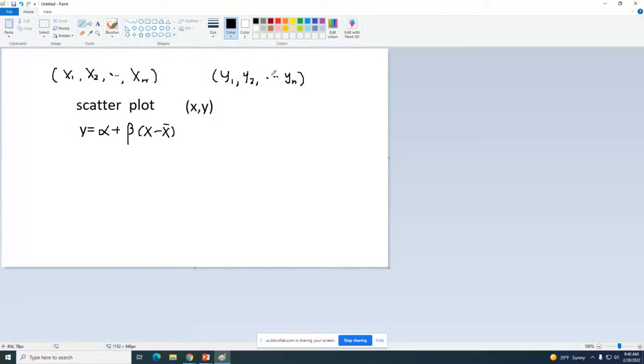X and y, there are supposed to be possibly all these data. And of course, this data doesn't follow the equation exactly, so we have the error term, epsilon i, for Yi and Xi.